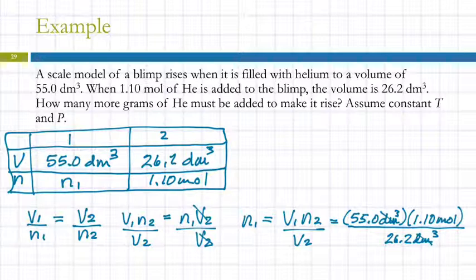Those unfamiliar units of cubic decimeters cancel out and go away. Good riddance, we didn't like looking at you. 55 times 1.10, divided by 26.2 is 2.3092, and that would be moles.